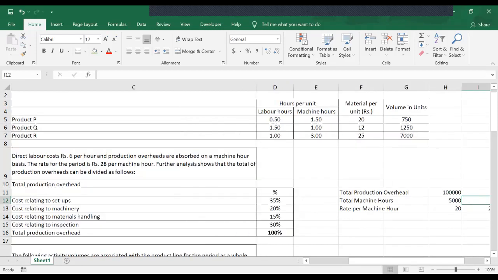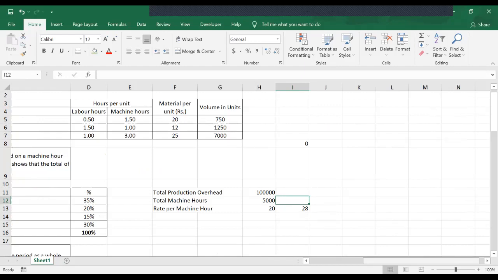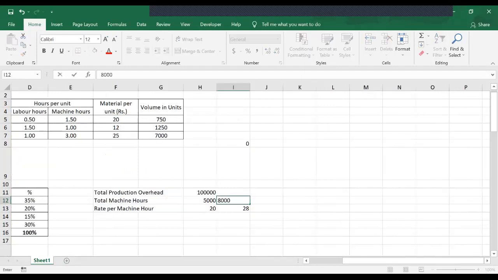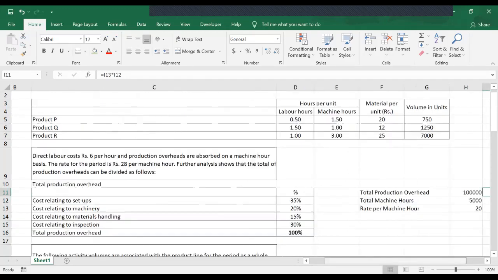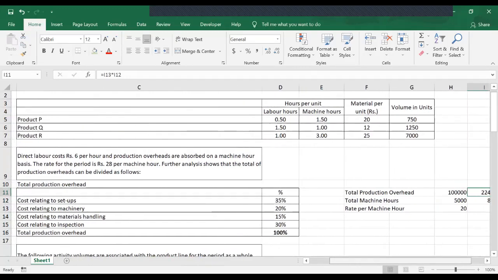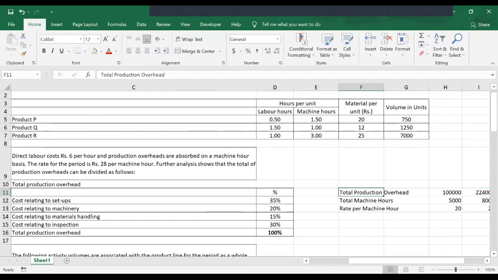Let's say the total machine hours come to 8,000. Then we'll just do 28 into 8,000, and we'll get the total production overhead. That's the entire logic behind this question. The main part that was missing was the total production overhead; we had just been given the rate.